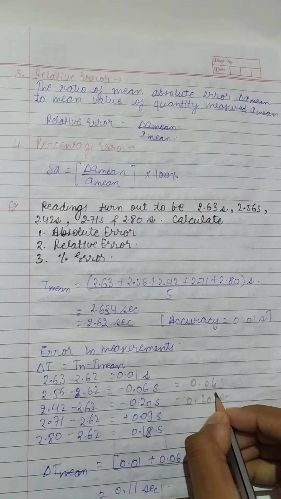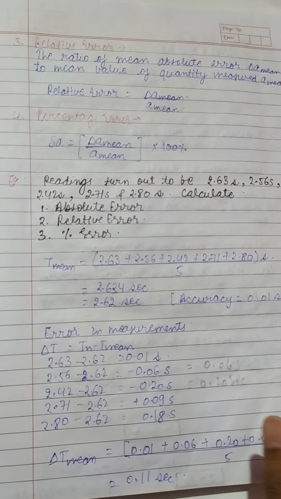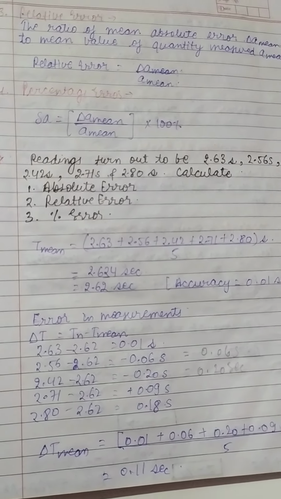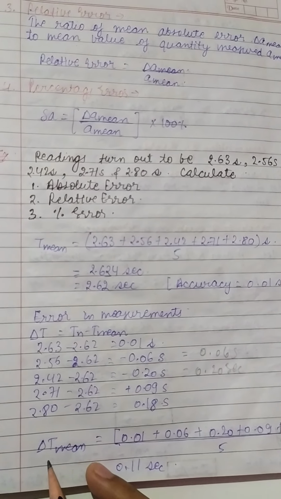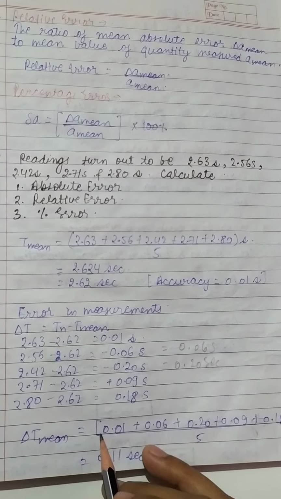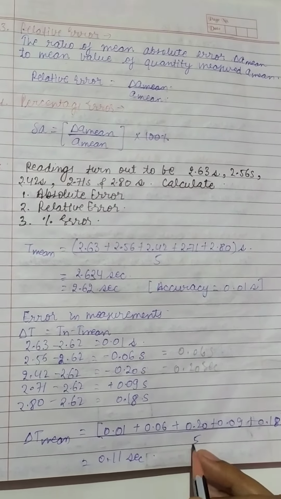Error can be in the negative direction or the positive direction, but its value is a particular positive value, which always adds up in the observations. Now how do we take this absolute error? It is taken as the sum of all the values divided by the number of readings. This is the mean of the absolute values, and this is how we get the absolute error.